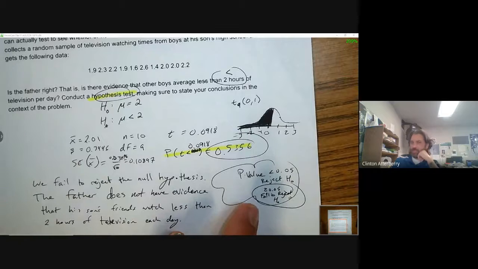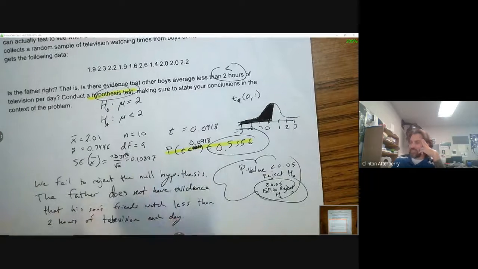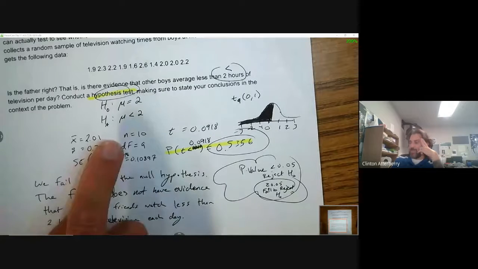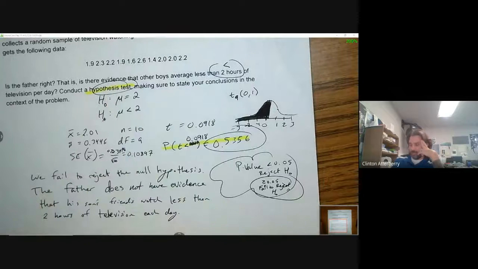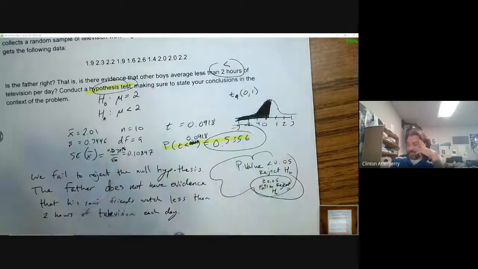Less than 0.05, we would reject the null hypothesis. Since this is above it, and it's way above it, we're just going to fail to reject the null hypothesis. He simply does not have evidence that this is true. So far, it's looking like that's actually true, but we just don't have the evidence for either one. We simply don't have evidence yet.